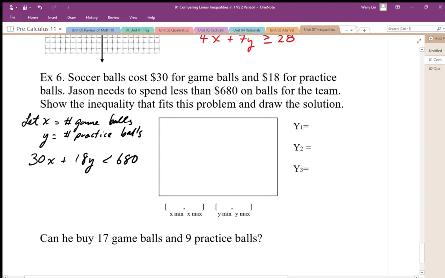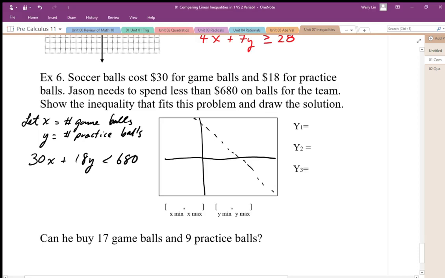So I can plug that inequality into my graph: 30x plus 18y is less than 680. I need to zoom out a little bit, but when I sketch my graph, I have a graph that looks like this.